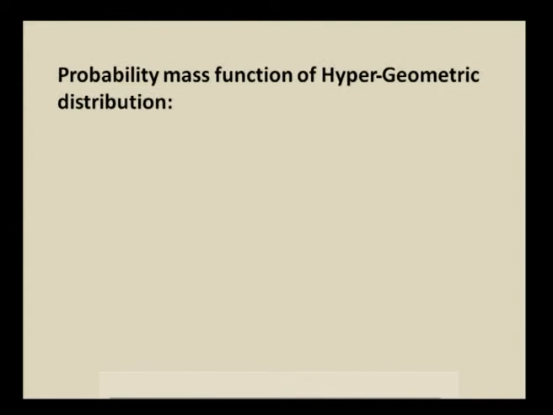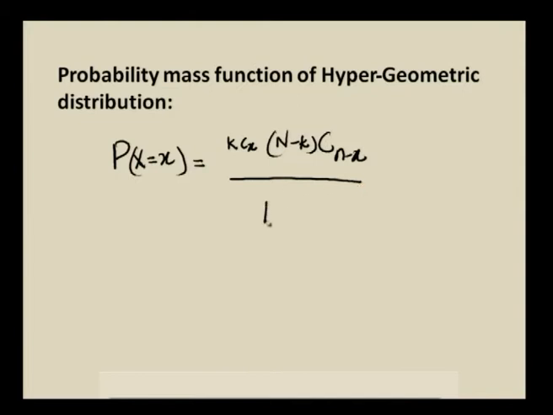What is the probability mass function of hypergeometric distribution? Probability of X equal to x is k C x into N minus k C n minus x by N C n.